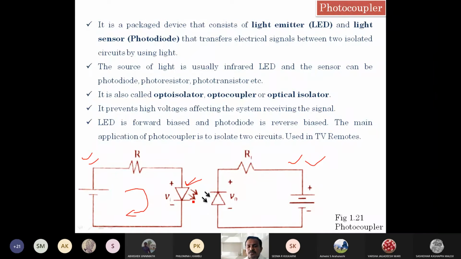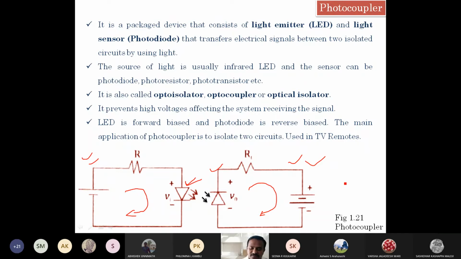That light energy is going to travel through the channel, in the air, and it is going to fall on the photodiode, which is available at the receiving end of the television. So based on the performance of this photodiode, we are going to observe current in the destination circuit. Based on the signal it is carrying, the television is going to perform its respective task.